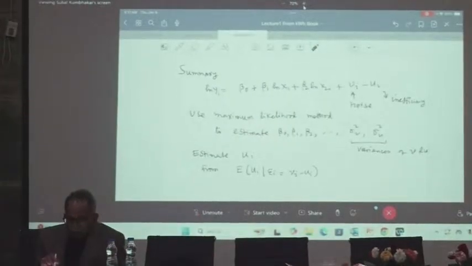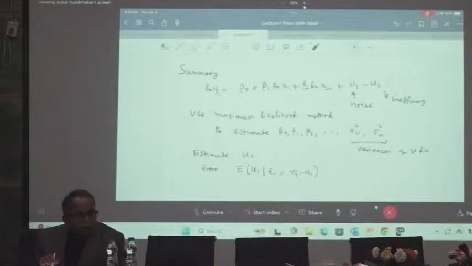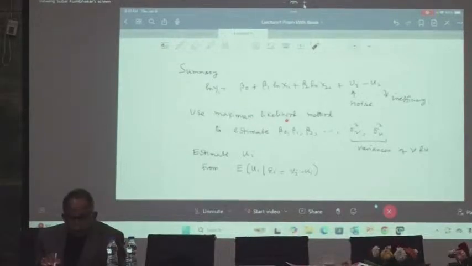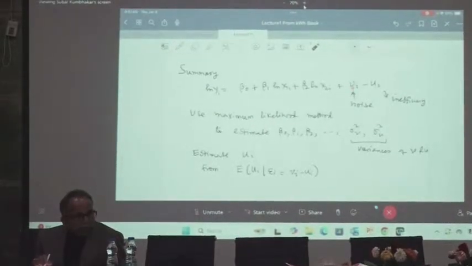Again, we didn't go through the details because of the technicality. But you can estimate the model using the maximum likelihood method, and this will depend on the distribution assumptions on V and U. You can assume this to be normal, and this to have a normal or some other distribution.